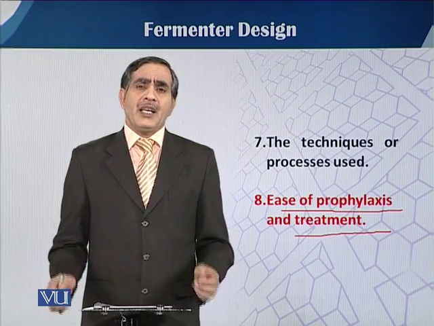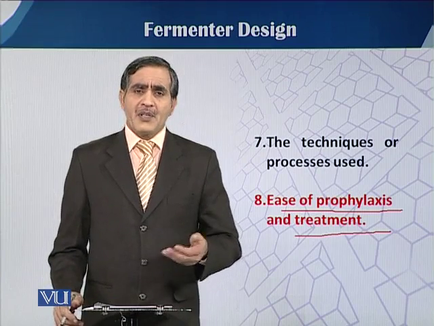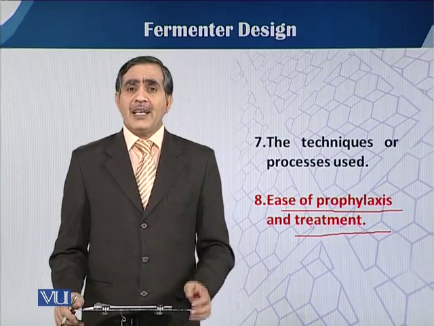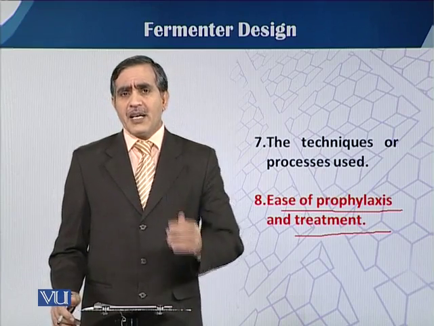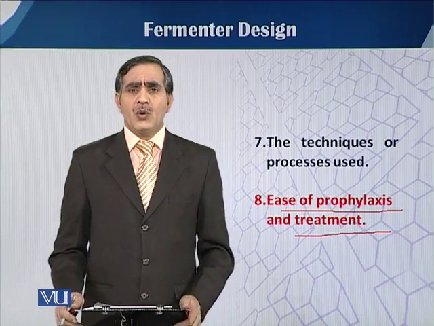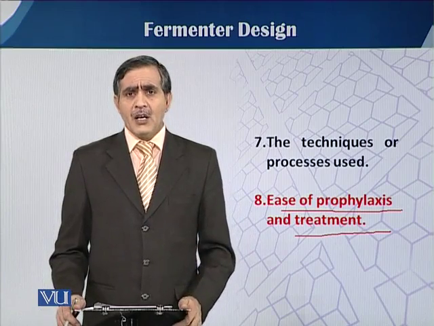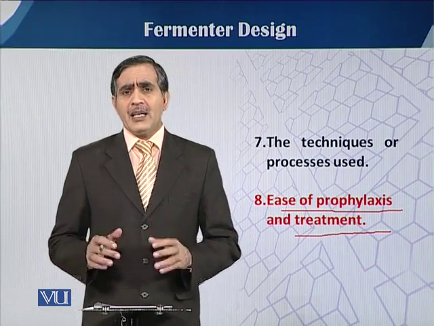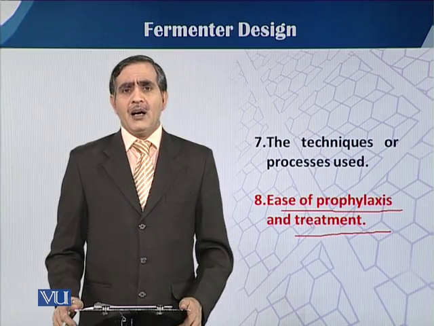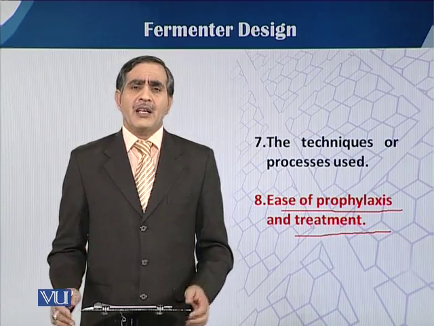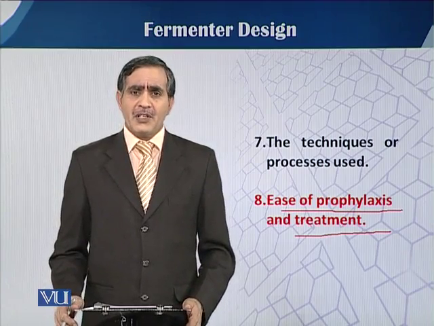If the organism is a known pathogen and we have some prophylaxis, that is a major part by which we can know the assessment level, the hazard level. So by using this 8-point criteria, we can determine the assessment. Then we can give a level to that organism in a fermentation process.